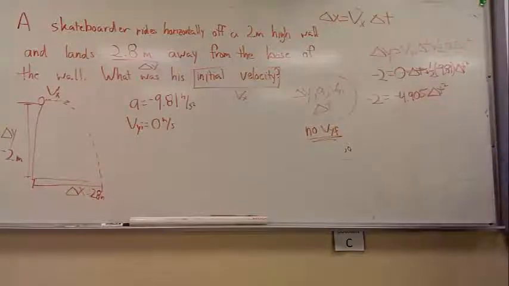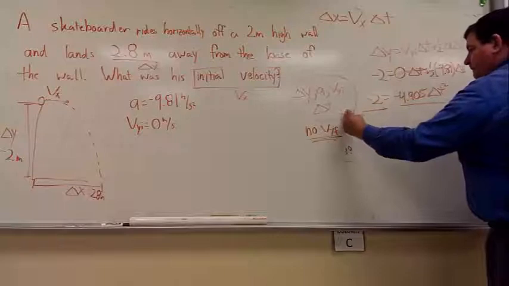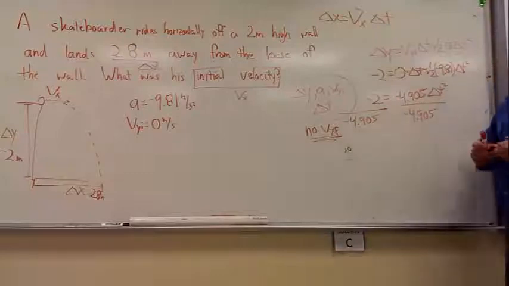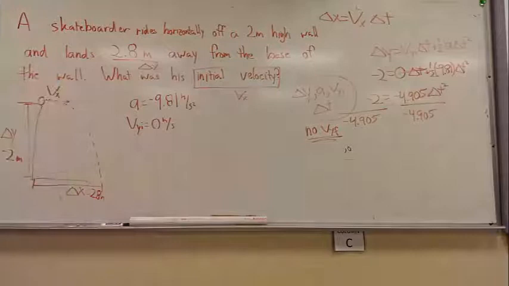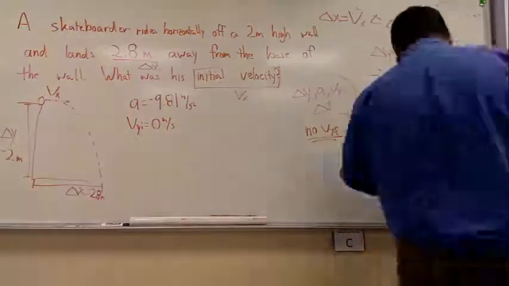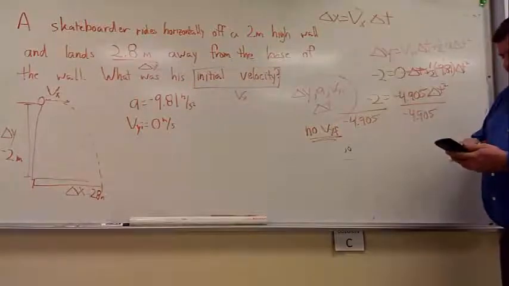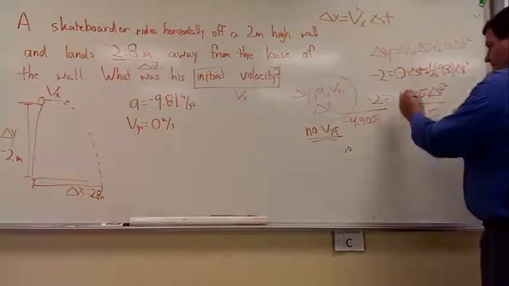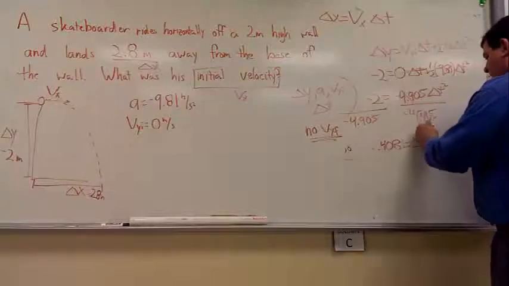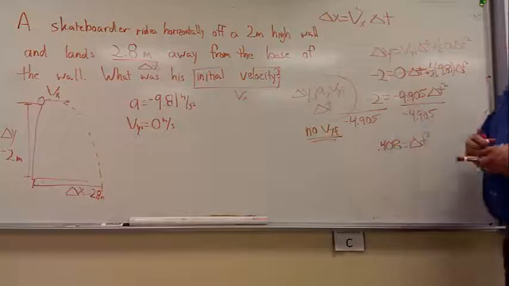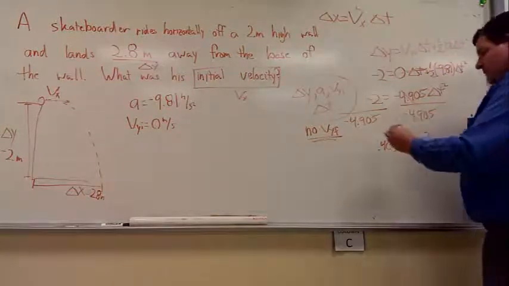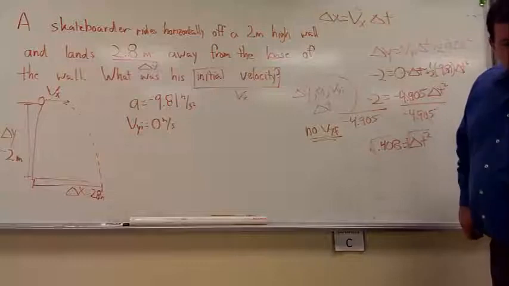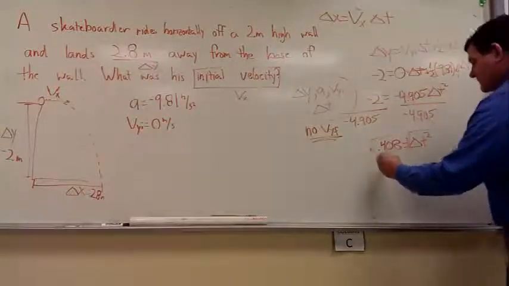Divide both sides by negative 4.905. And we get negative 2 divided by negative 4.905 equals 0.408 for delta t squared. Now I need to take the square root of both sides. And I get a delta t of 0.639 seconds.